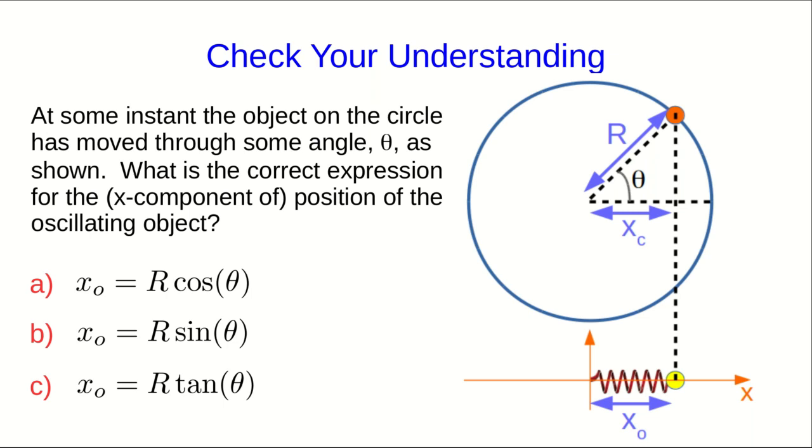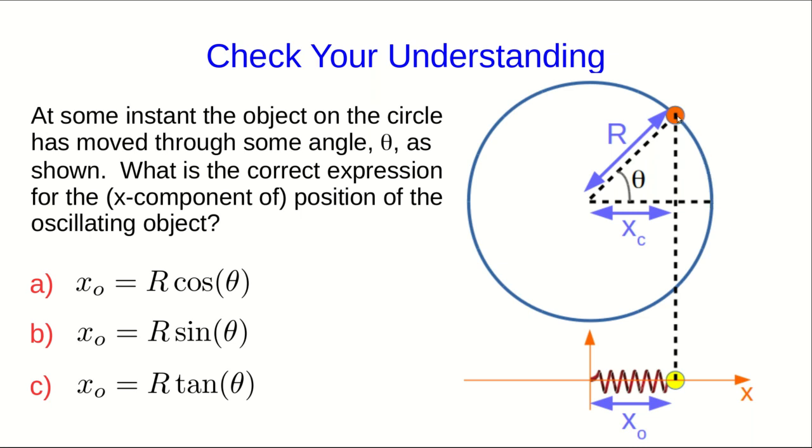I want to make sure you're following the argument, so I'm going to get you to do the next little bit of the reasoning. What we want to do is connect X_O, the x component of the position of the oscillator, with R and theta, which we can use to describe the position of the object on the circle. So here's just a picture like what we were just looking at, and these two objects are staying lined up as they move, and the object on the circle has gone around some angle theta.